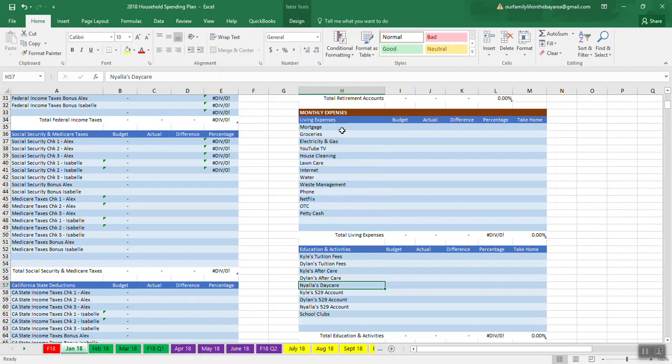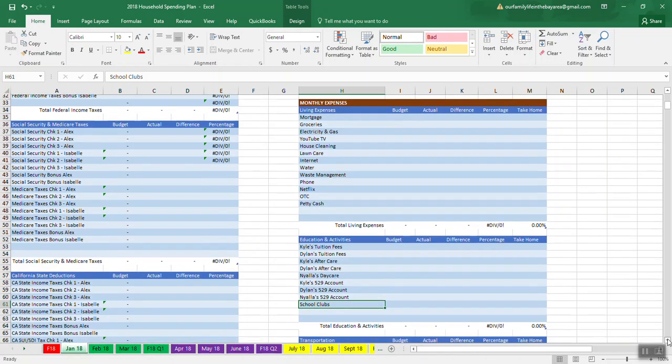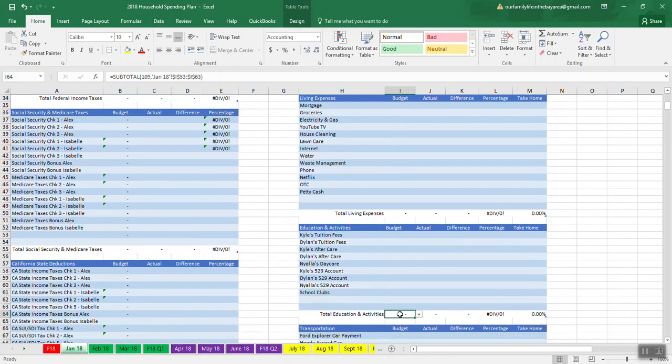That's our daughter's daycare. And then Kyle's 529. We do have a college fund for all three of them, and they do participate in school club. So we have this line here, and then the total.